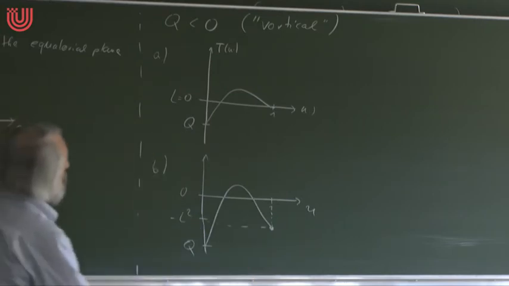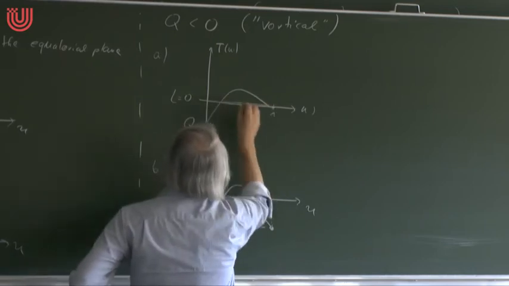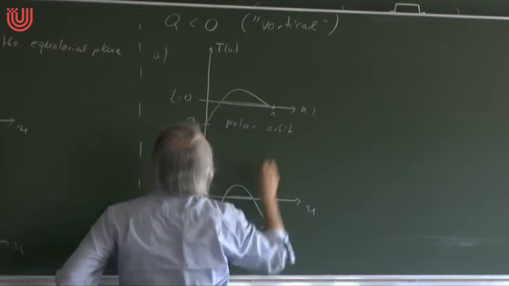So the allowed region would be this here. This here would be again a polar orbit.